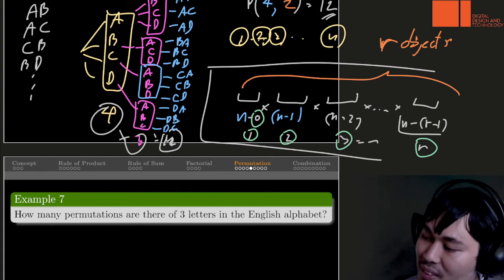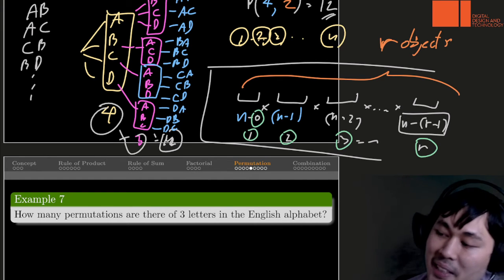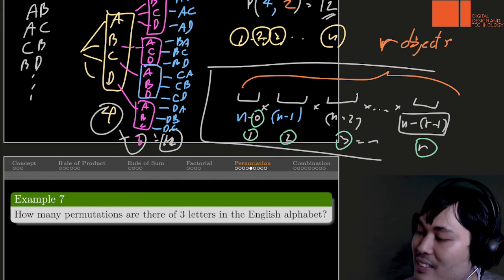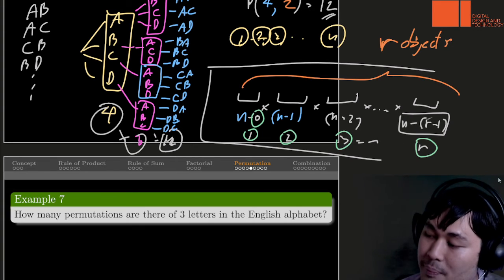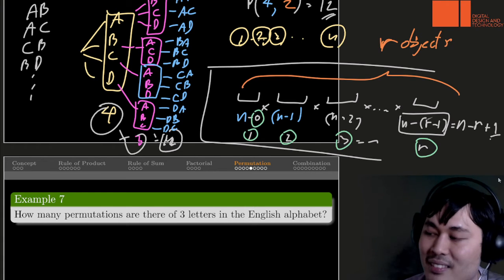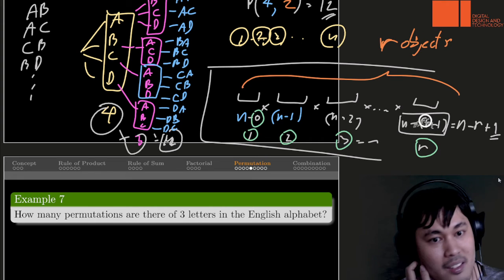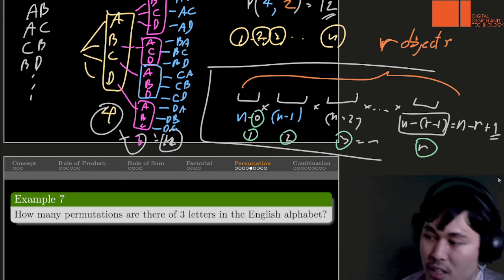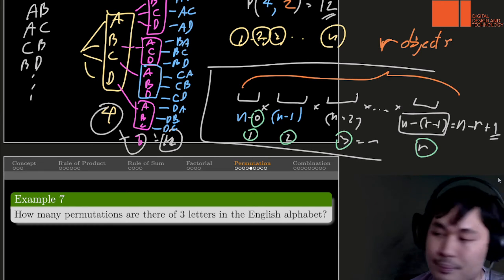But if you see this one, some of you might be tempted to expand it, and maybe there's another problem about this. Because if you expand it, you should get n-r plus 1. It becomes plus 1 because it has minus and minus. You distribute that, get minus times minus 1, which is plus 1.